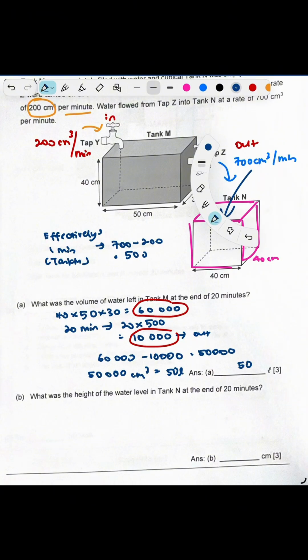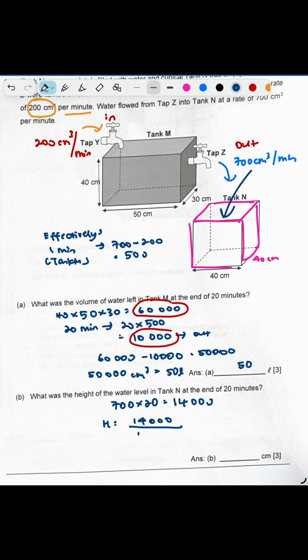Yes, it is 700 times 20, which is 14,000 cubic centimeter of water. And if you want to find the height, you take 14,000 cubic centimeter divided by the base area, 40 times 40, and you will get 8.75.